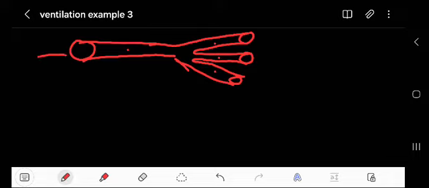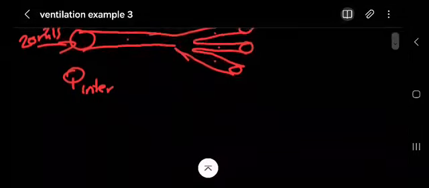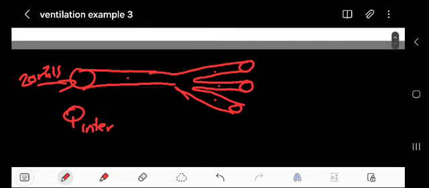Remember the Q that is entering, let me say Q enter. The one they say is 20, they deliver 20 cubic meters per second of air into a duct. It's entering here, and as it flows, it splits: other air will go there, other air will go there.